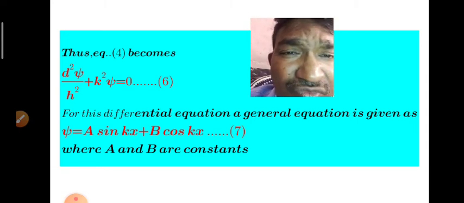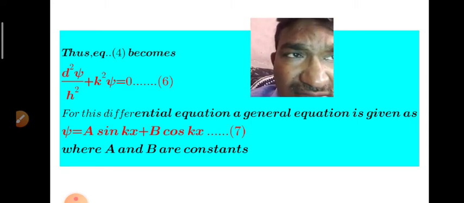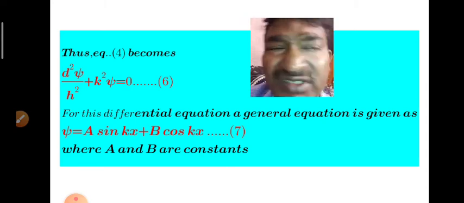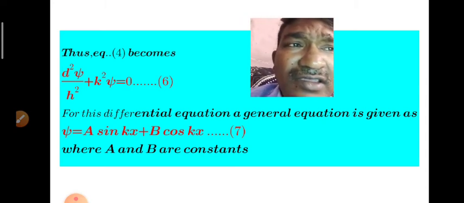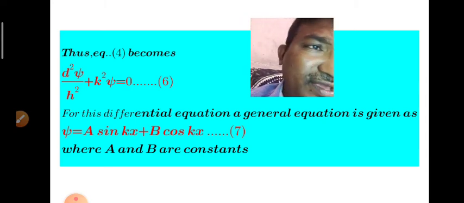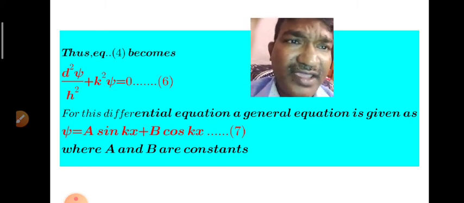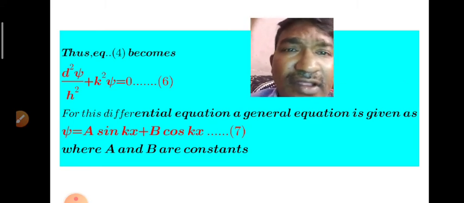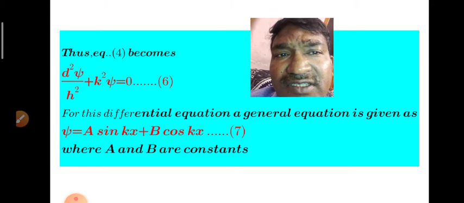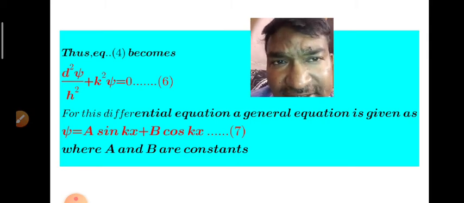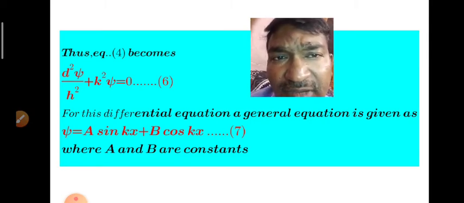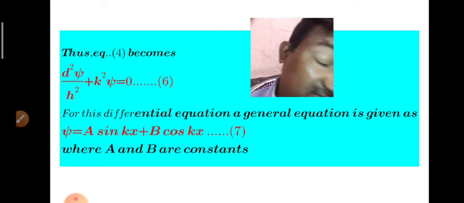So in equation 7 we have three constants, a, b and k, and the variable is x.